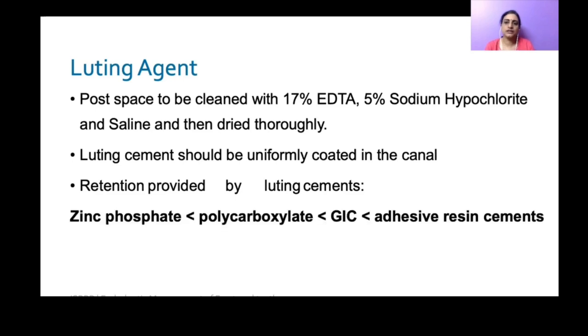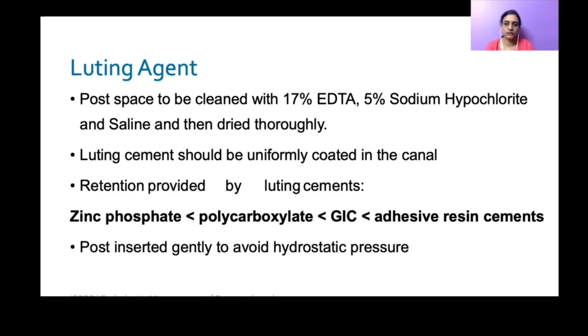The adhesive resin cements are used for fiber posts, and the other cements, that is zinc phosphate, polycarboxylate, and GIC, are other options available when we are planning to cement metal posts and custom cast posts. Remember, when you are inserting the post within the canal, it should be gently placed within the canal to avoid hydrostatic pressure, which would result in wedging forces.